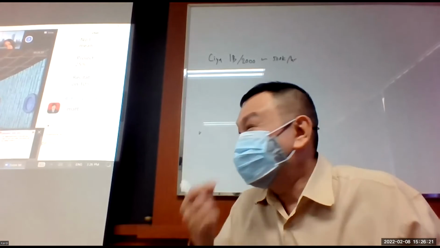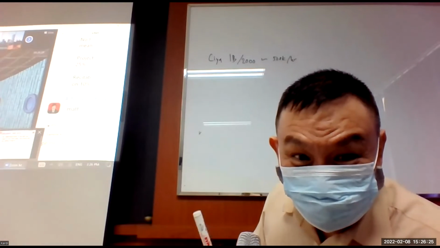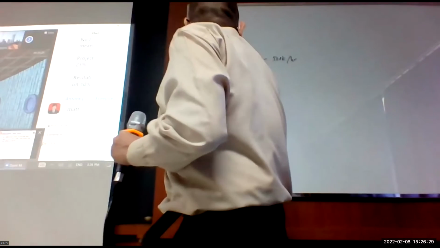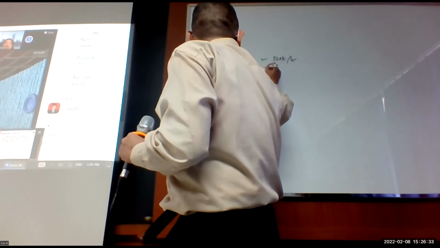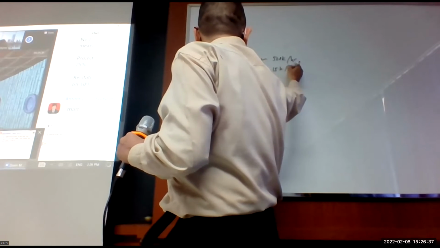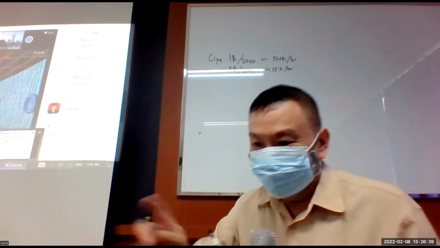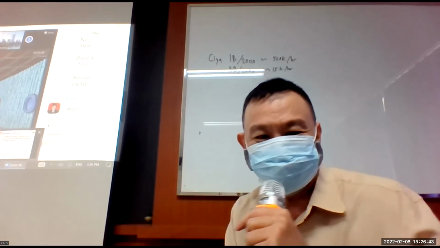Wow, it's expensive. 3 billion rupiah. No one will hire you. 3 billion rupiah per 2,000 hours. That multiplies to 1.5 million per hour. That's about $100 per hour. Oh, not so bad.